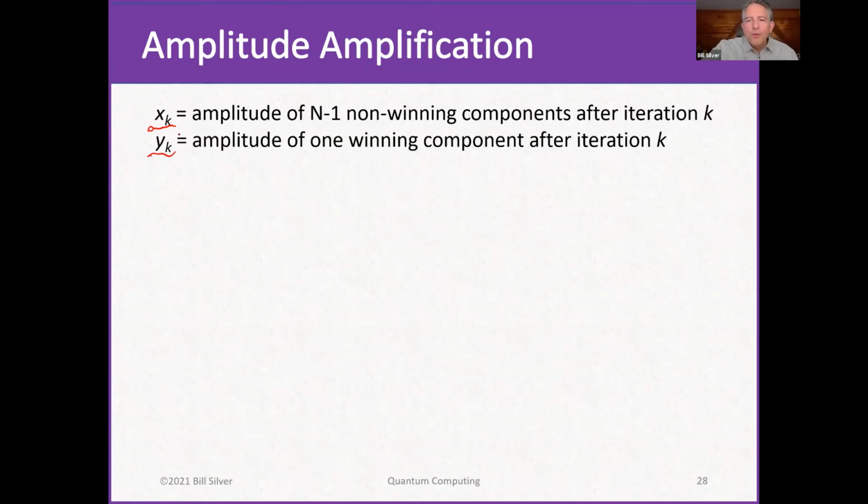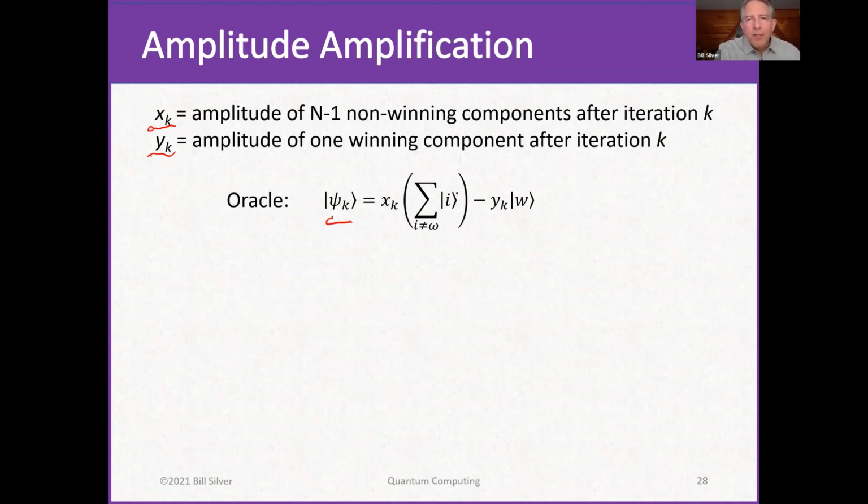So what the oracle does is that state k is basically the sum of all of these basis states that are not the winner, and then the oracle negates the amplitude of the winning state. That's a shorthand way of saying what the oracle does. Don't worry too much about that.